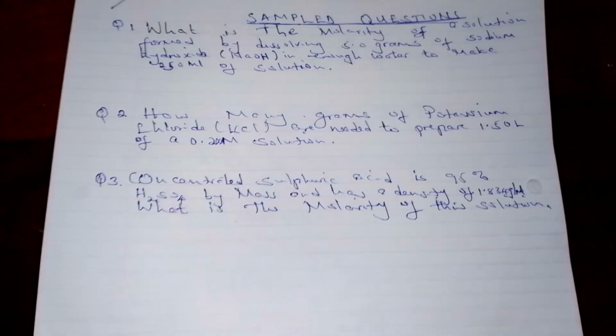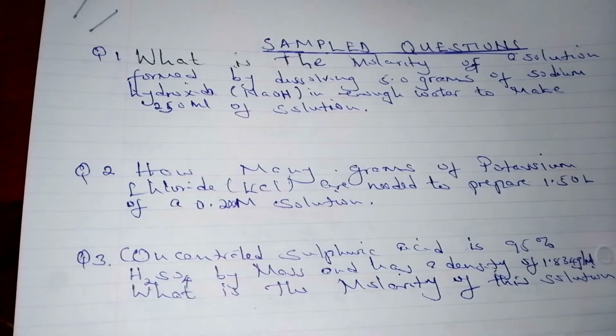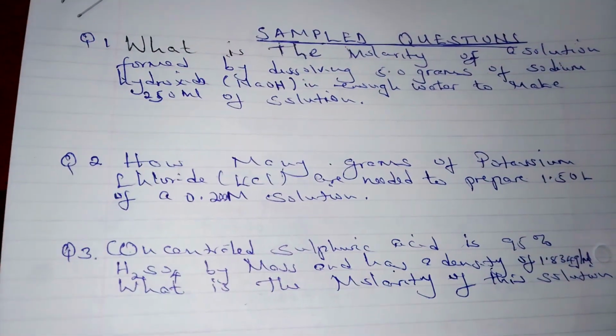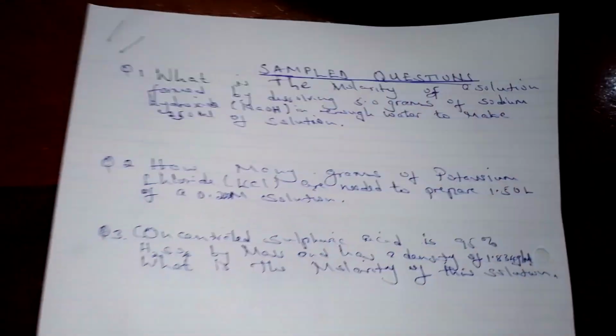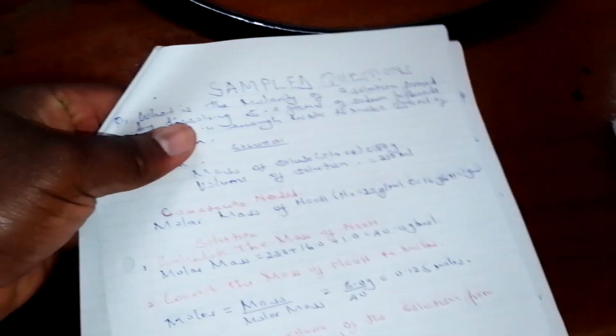So, I want to start by discussing the first question. This is how these questions are supposed to be answered, especially for the new Form 3s, because the Form 4s have been exposed to the mole concept.